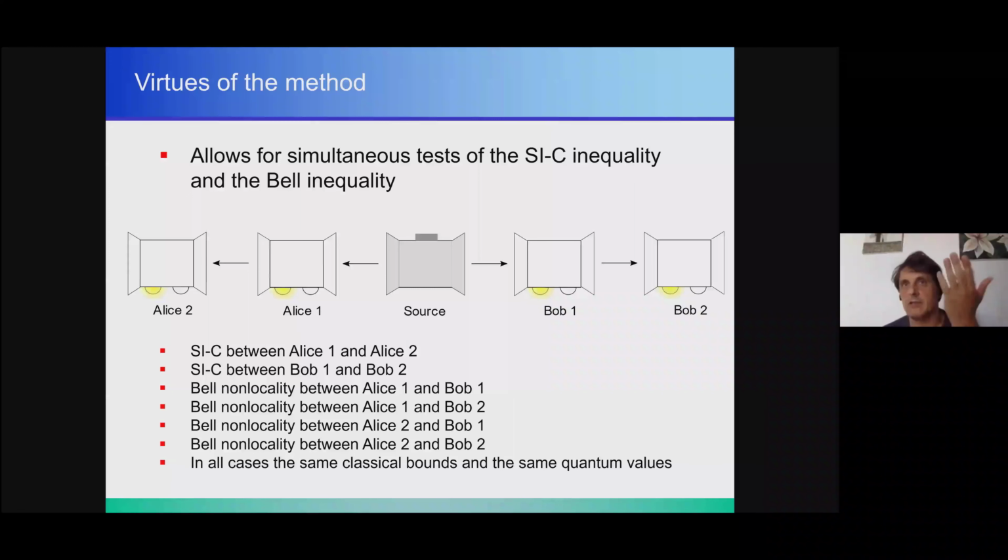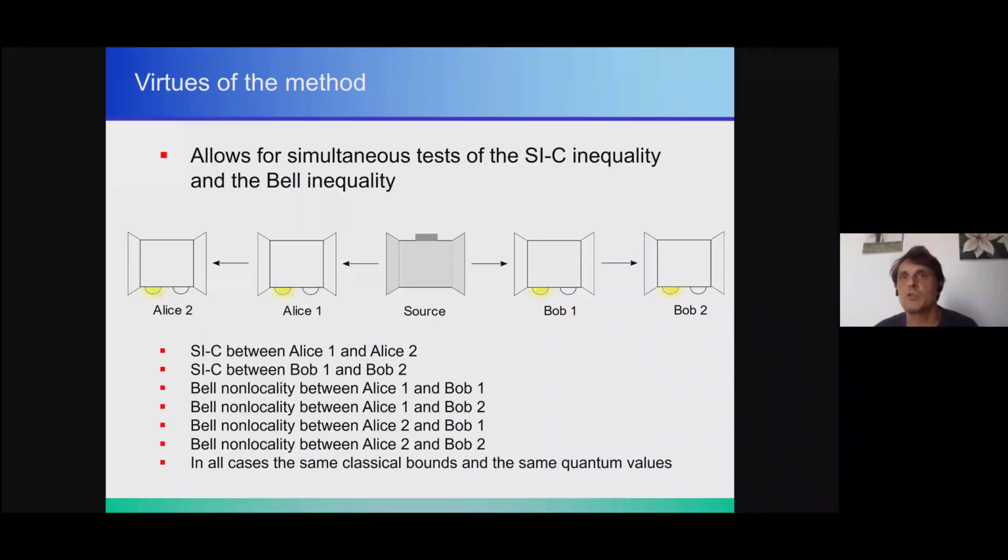Actually, you can even produce a test like this, in which, just running the same experiment with two Alices and two Bobs, you are simultaneously violating first a non-contextuality inequality between Alice 1 and Alice 2, the same non-contextuality inequality between Bob 1 and Bob 2, and a Bell non-locality inequality which is formally identical to the two previous ones between Alice 1 and Bob 1, and so on and so forth.